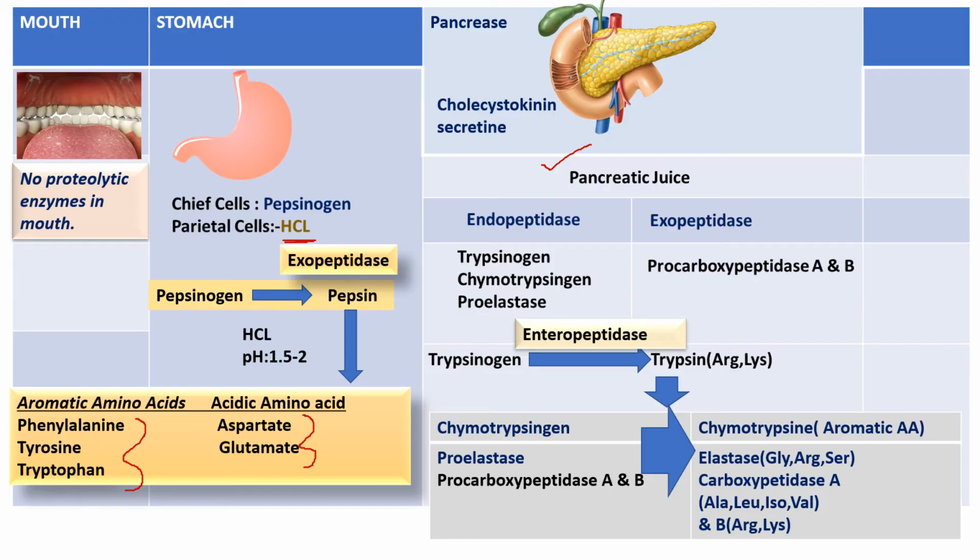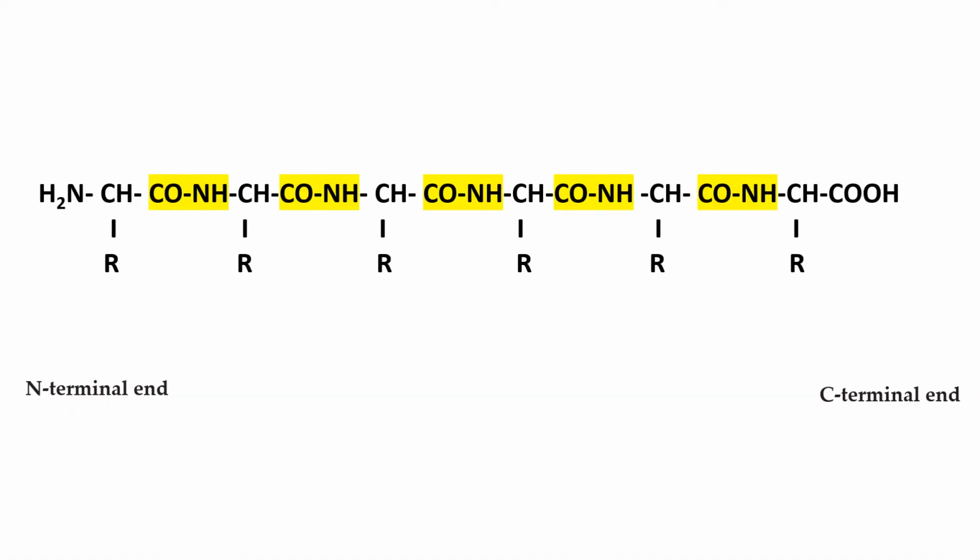Now here we have a polypeptide chain. It has an N-terminal end and a C-terminal end, and it contains peptide bonds, that is the CONH bond. So the aminopeptidases act on the terminal amino acid, and they are present on the luminal surface of intestinal epithelial cells and bring about the final digestion of oligopeptides into free amino acids.